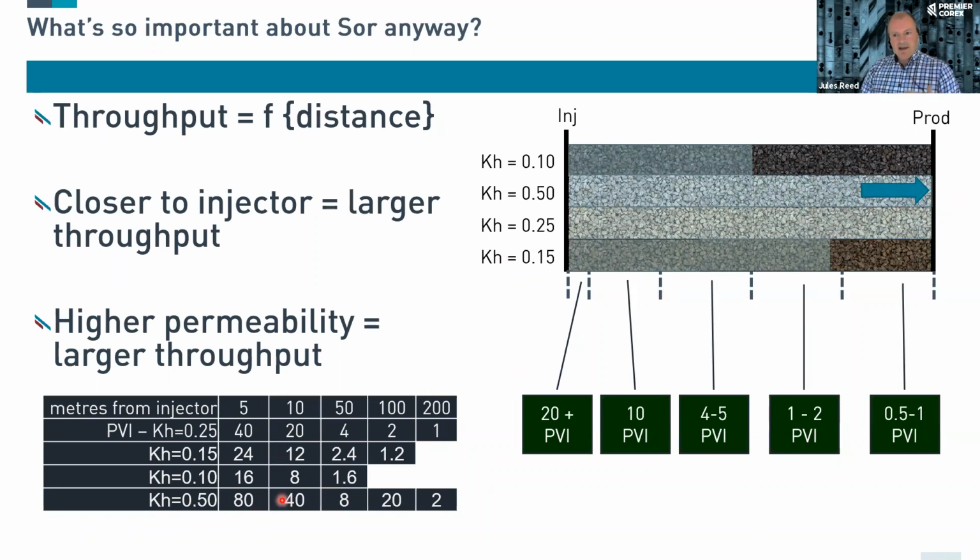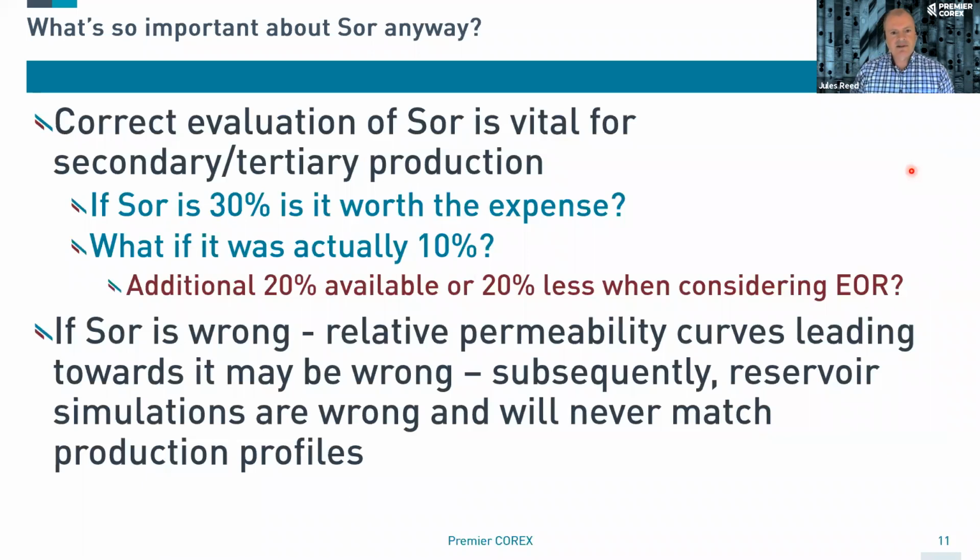This is for a 200 meter distance between injector and producer. So there will be areas of your reservoir that have significantly higher throughput than what the overall reservoir has observed. And if we're underestimating residual oil in those sections, then it's going to have a potential impact on our production models and what we're simulating in production.